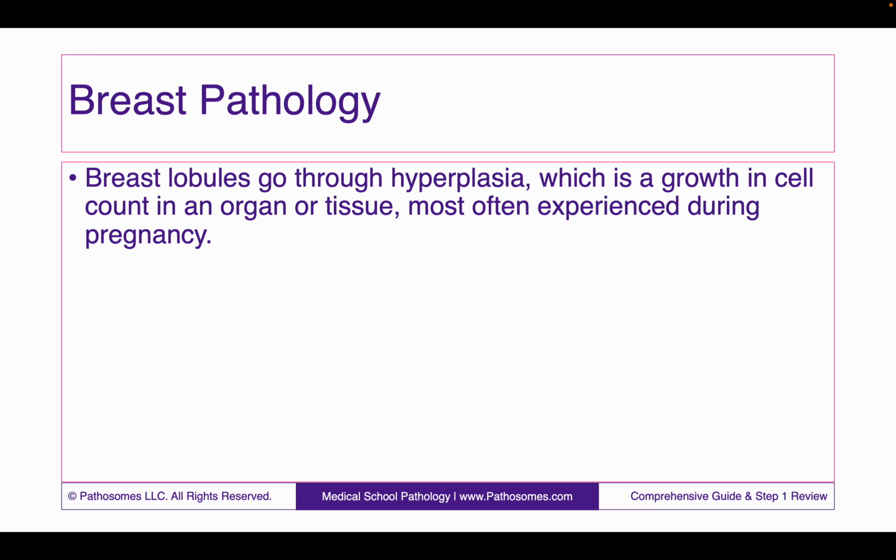You remember what hypertrophy is, right? Size, or well, hyperplasia is count, right? You'll be asked that. Now, when this hyperplasia occurs in an organ or tissue, there's an increased cell count. And with the breast, this most often is experienced during pregnancy.